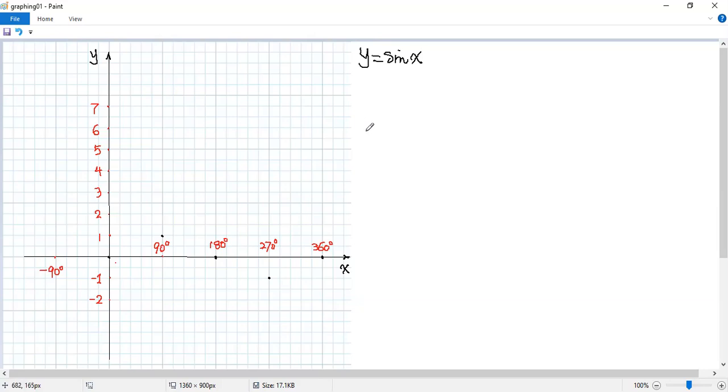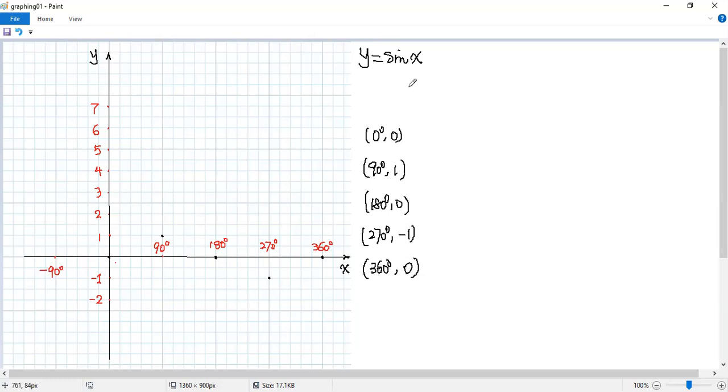Let's write them down. So 0 degree, 0. 90 degree, 1. 180 degree, 0. 270 degree, -1. 360 degree, 0.